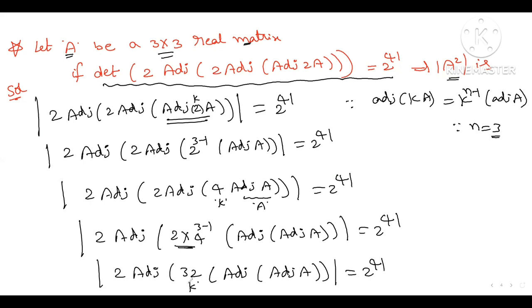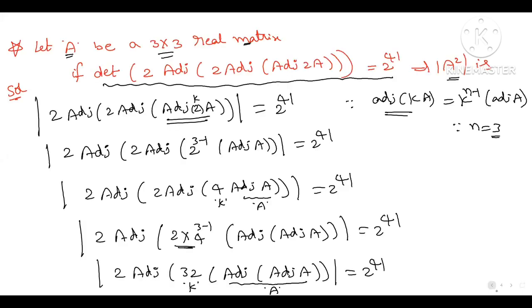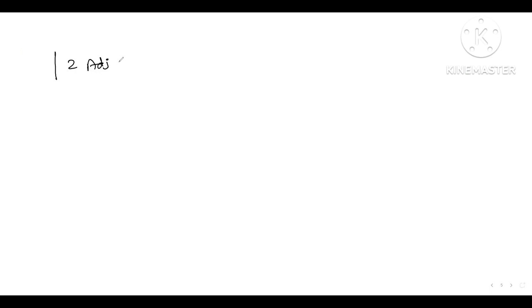Here K value is 32 with adjoint of A, taking A as the matrix. According to the same formula, what do we get? Det of 2 adjoint of 32 times adjoint of A is equal to 2 to the power 41.